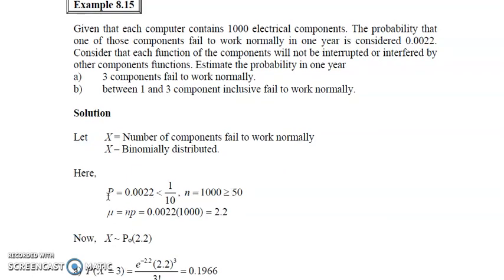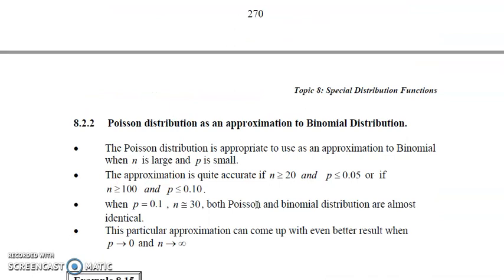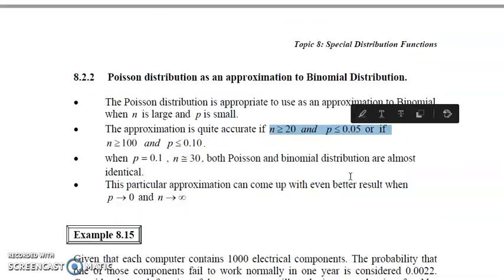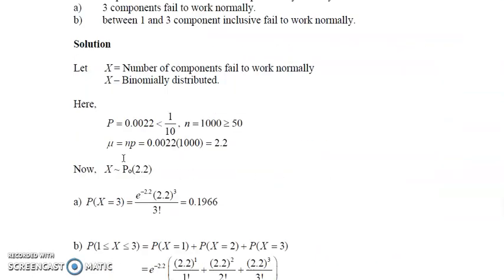You can see here the probability is 0.0022, which is less than 0.1, and n is equal to 1,000, more than or equal to 50, which you can refer from the first criteria here. So then the next one, we're going to use the Poisson.